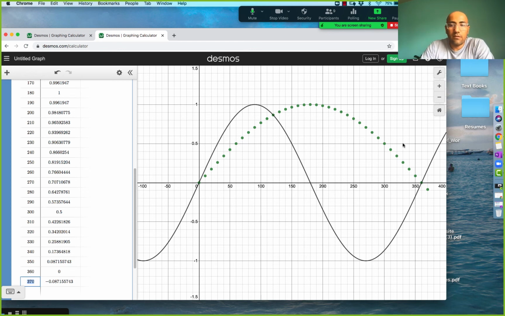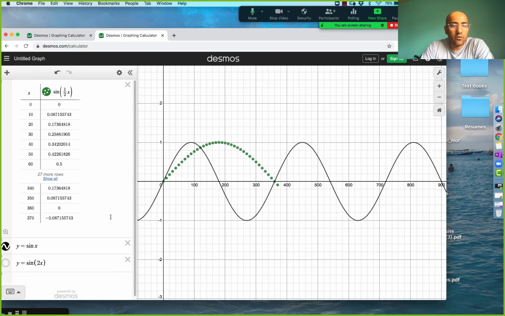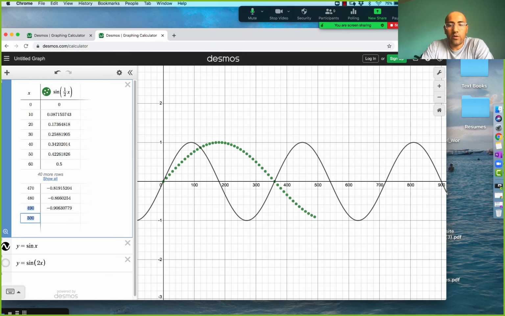So now I'm going to have to go out twice as far. I have to go all the way out to 720 degrees to complete one oscillation, one period of the sine function. So now it's the reverse: two complete sine functions can squeeze in the exact same space that sine of 1/2 x fits in.